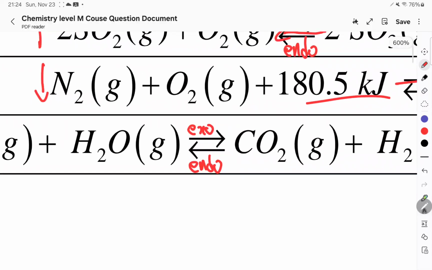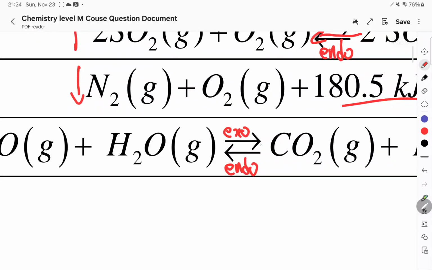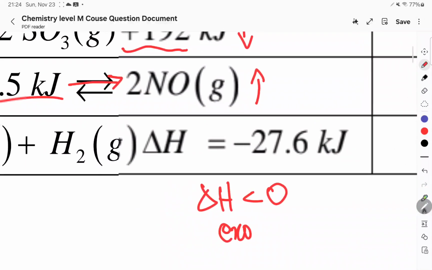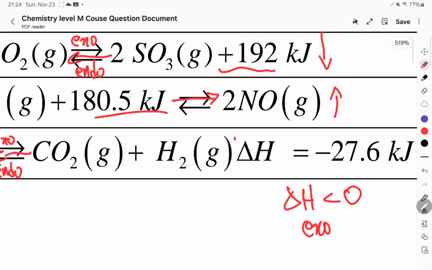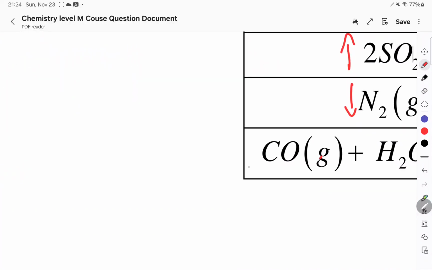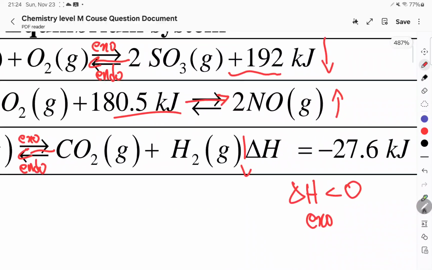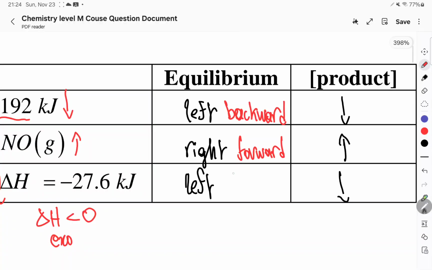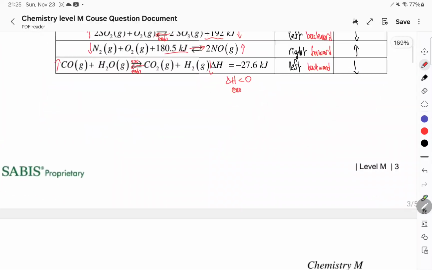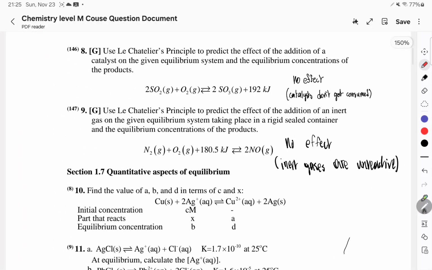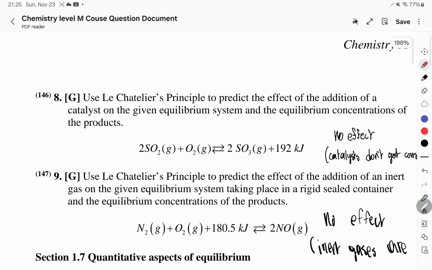They said temperature increases, which means that it is going through the endothermic direction, which is going from right to left, and that means products decrease and reactants increase. So it's shifting to the left or backwards, and products decrease. And that's it for 7G, or the 7th grade question.